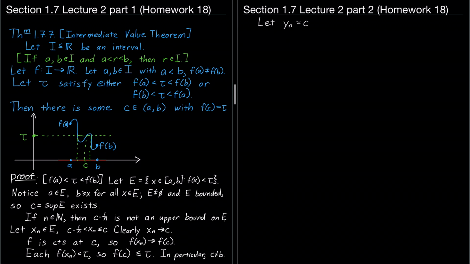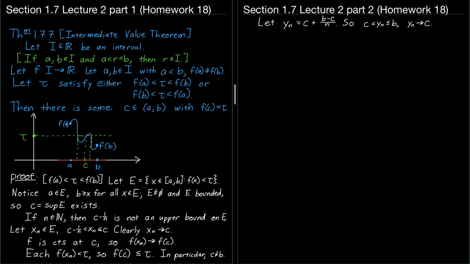yn be c, and then we're going to add to that b minus c over n. And then, so we have that c is less than yn is less than or equal to b, and yn is also converging to c.